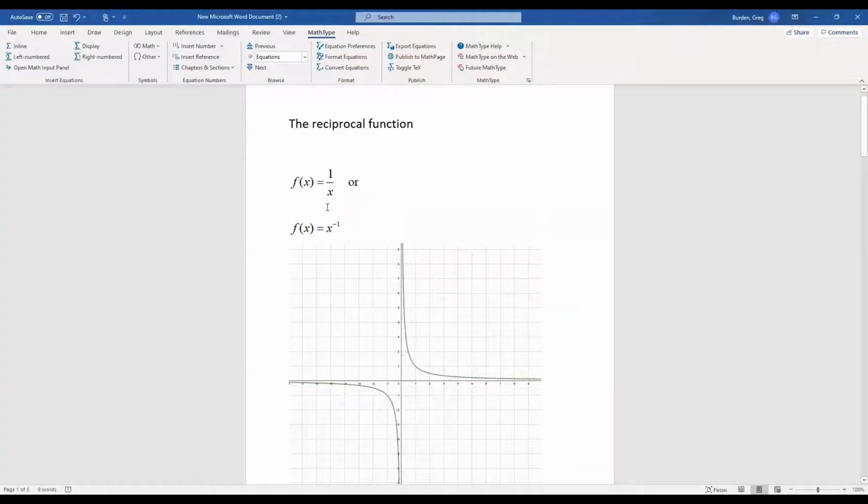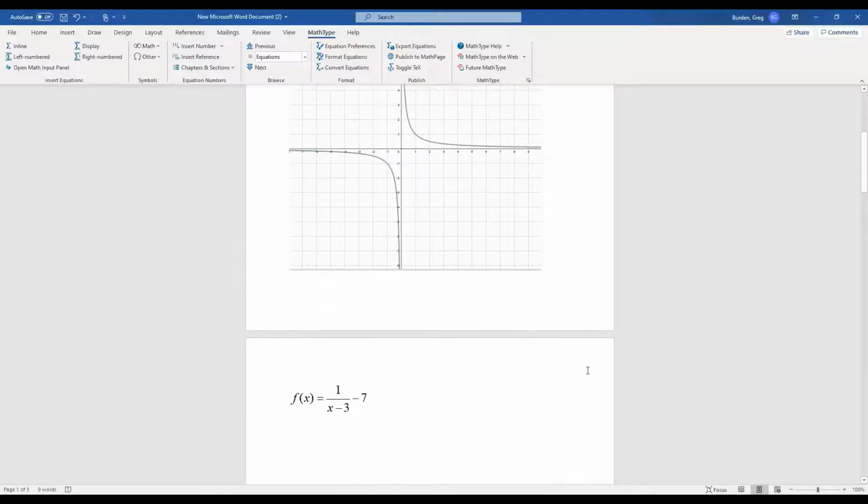Okay, so what we're going to show, or if not show, at least sort of intuit, is that there are lots of functions which amount to being really just transformations of this reciprocal function.